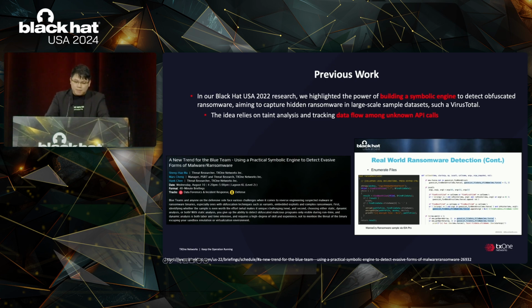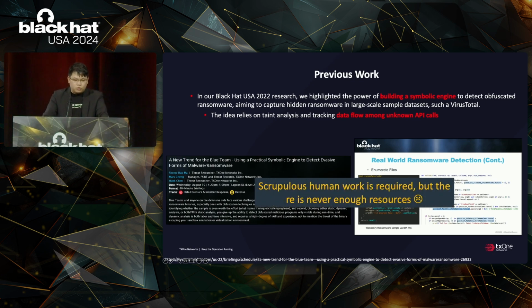However, this method has its limitations. It requires human experts to write numerous rules to aid in identifying unknown APIs. The sheer volume of rules needed is overwhelming, and it is challenging to cover the entire scope comprehensively due to human constraints and the potential for oversight.